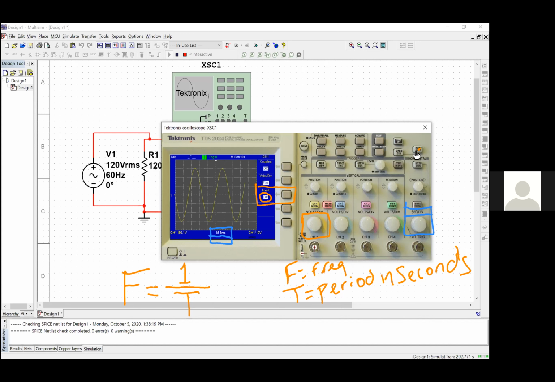But you may wonder, okay, wait a minute, I can see the signal. The only problem that we have with this signal is, where should I start reading it and where should I stop reading it?